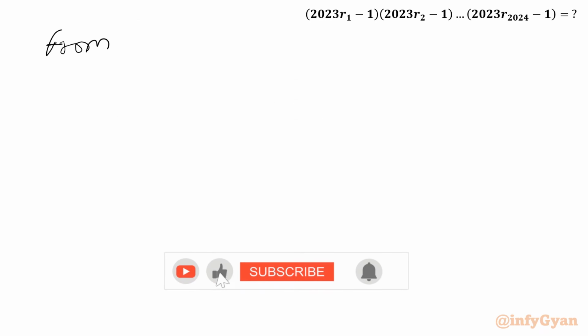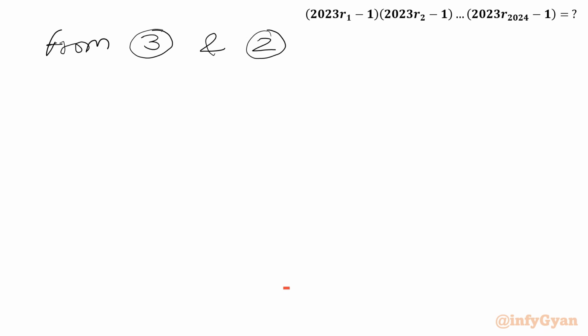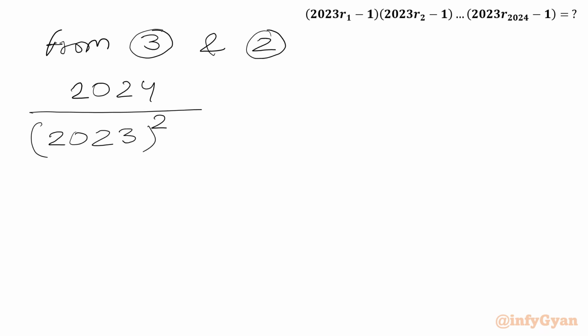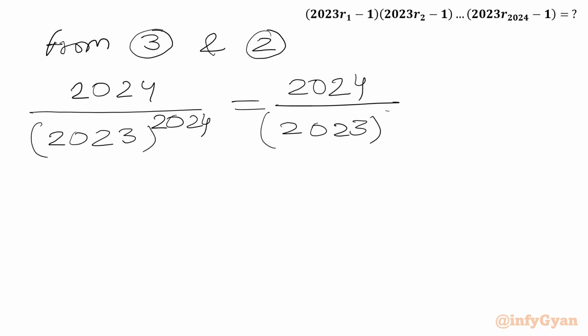So I will write 2024 over 2023 with power 2024 equal to 2024 over 2023 whole power 2024 times E. Now you can see we will divide both sides by 2024, so 1 will be here.